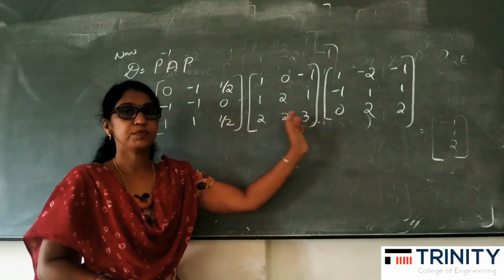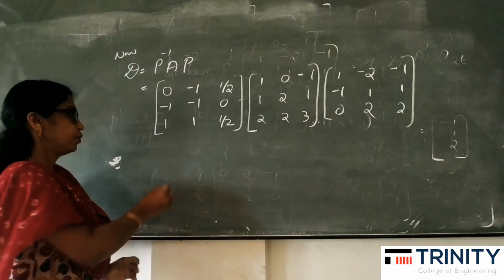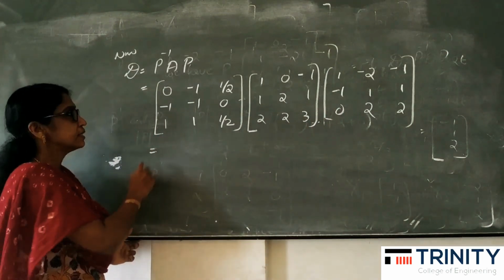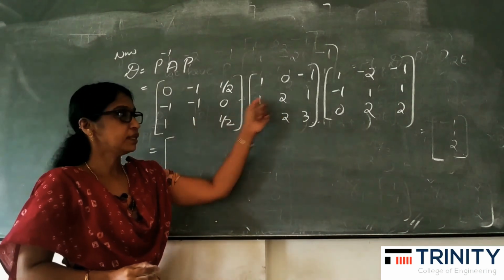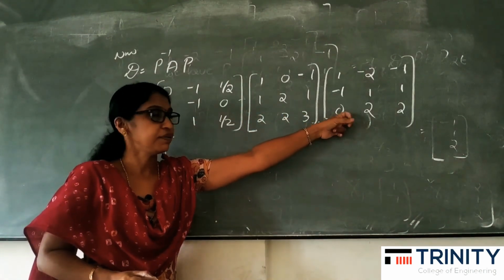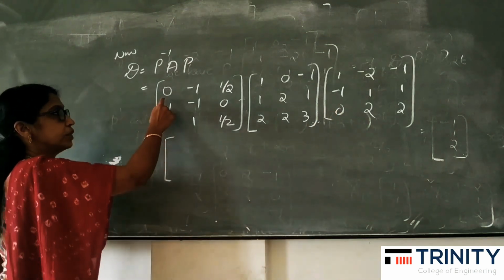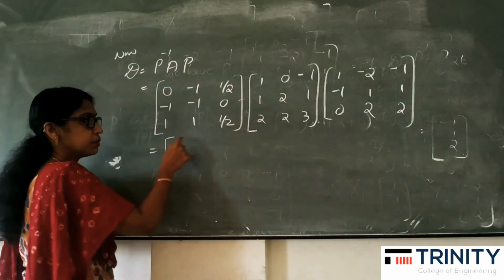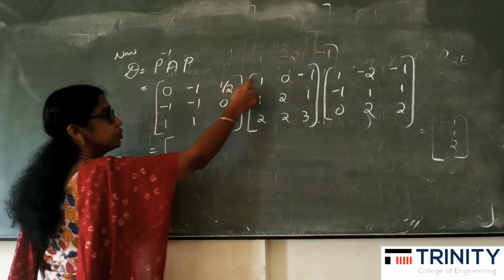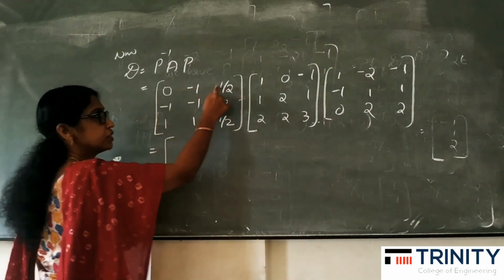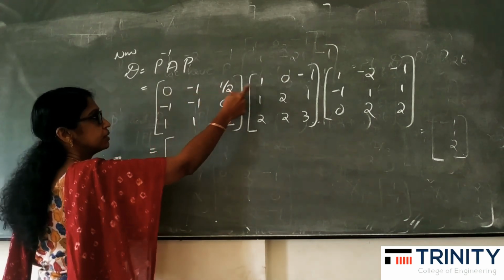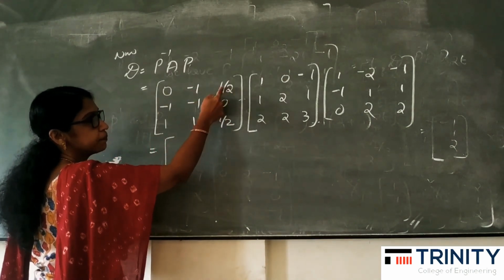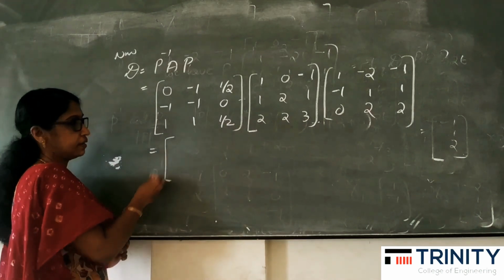Now we have to multiply these matrices. You know all multiplication of matrices. I am multiplying first these two matrices, and after that we multiply with the next matrix. First row into first column gives the first element, first row into second column gives the second element, first row into third column gives the third element. Here 0 into 1, 0 minus 1 plus 1, that is 0.